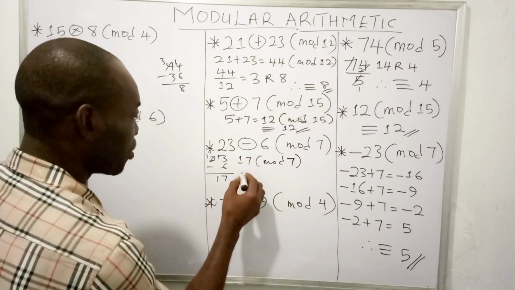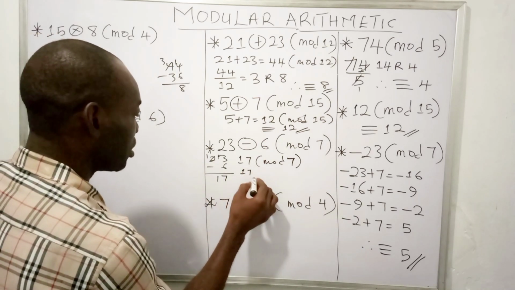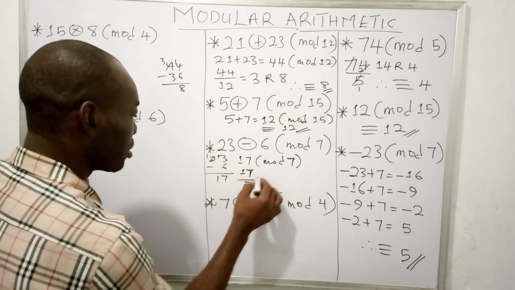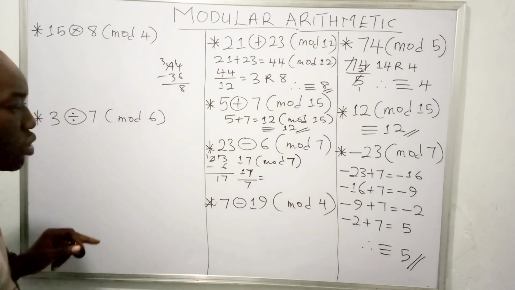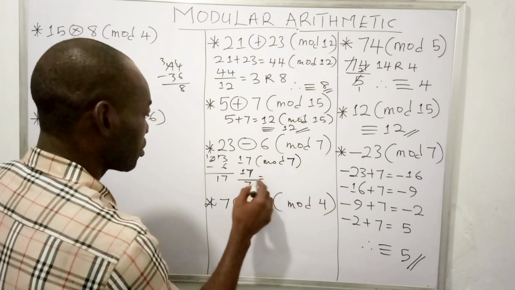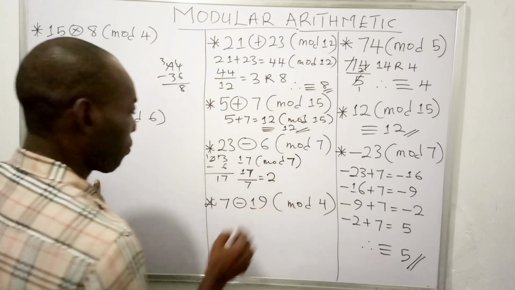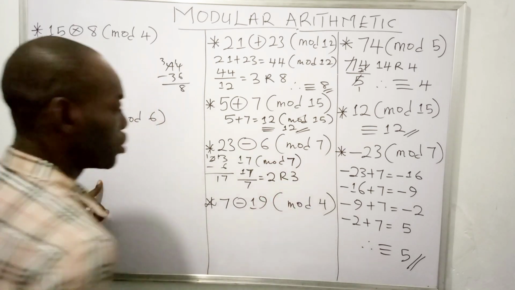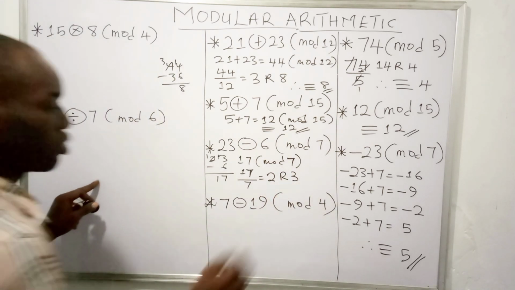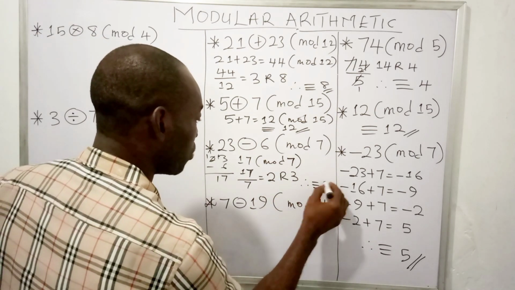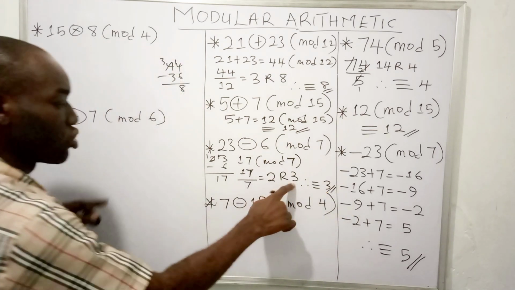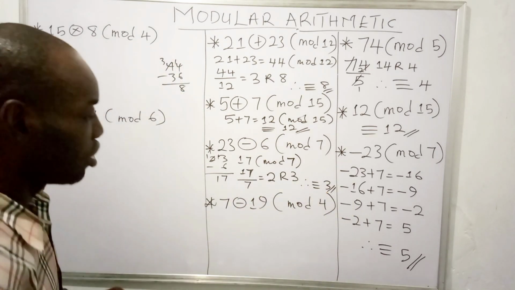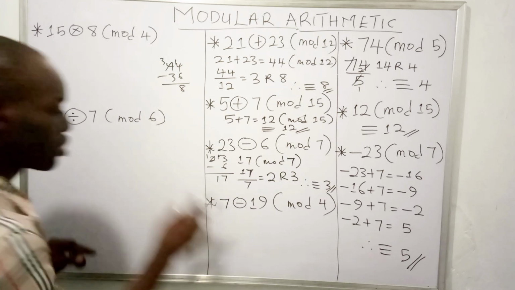Then we carry out the division again: 17 divided by 7. We have 2, which gives a product of 14, with a remainder of 3. Remember again that the answer is usually the remainder. The solution is usually the remainder.